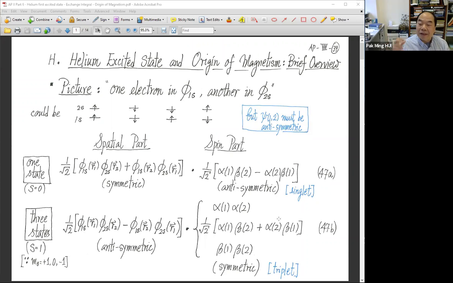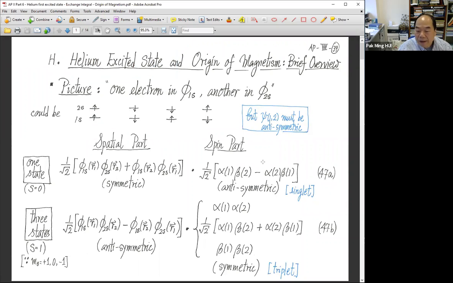But the second purpose is bigger, okay? I would like to convey why we have alignment in electron spins. And that is the idea behind why we have magnetic materials, okay? So it is the origin of magnetism. But the physics is hidden inside a discussion on the helium excited state.